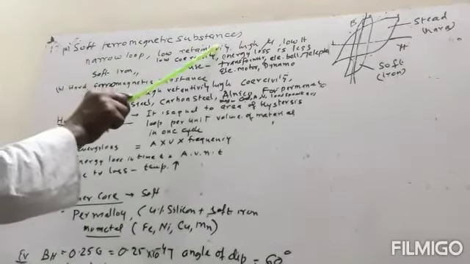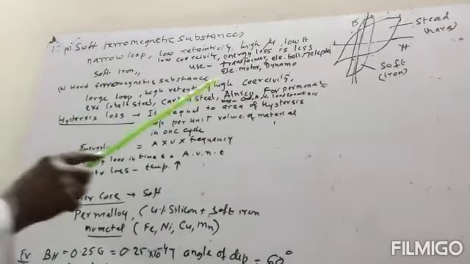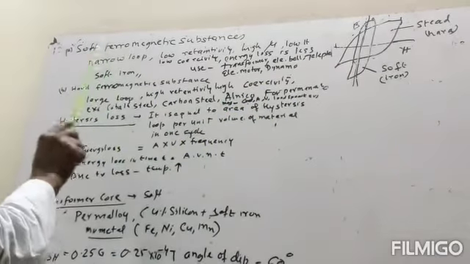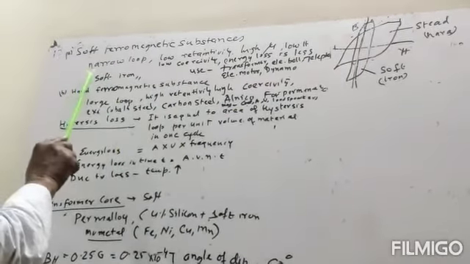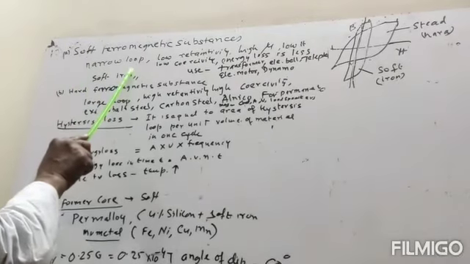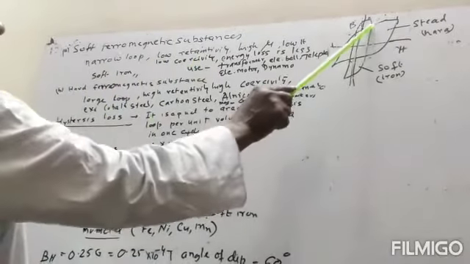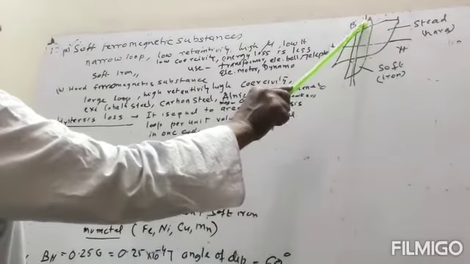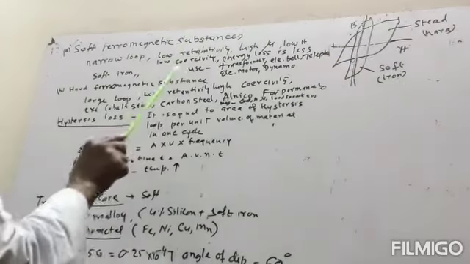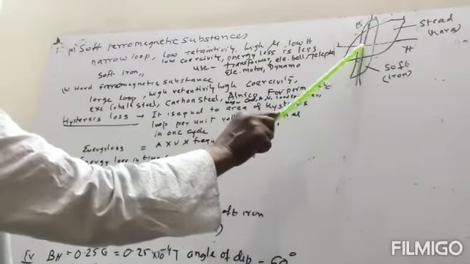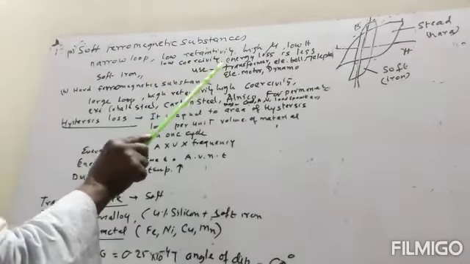For the soft ferromagnetic substance, number one, the area of the hysteresis loop is small, or we can say a narrow hysteresis loop. Low retentivity. Retentivity will be low, very small. Then low coercivity. This coercivity will also be less.